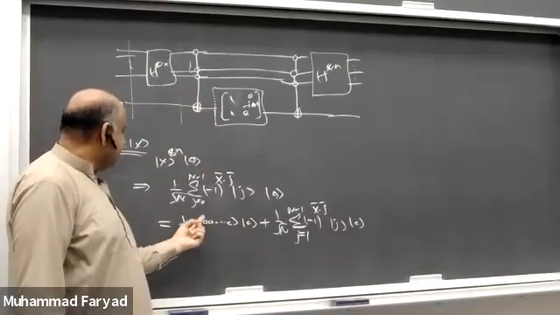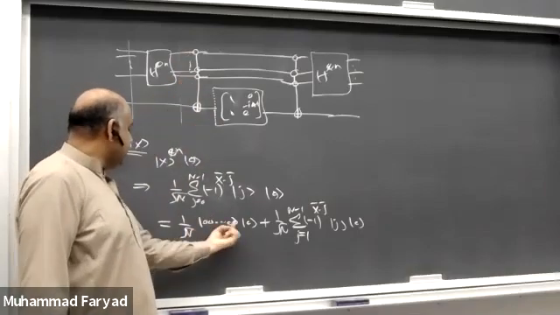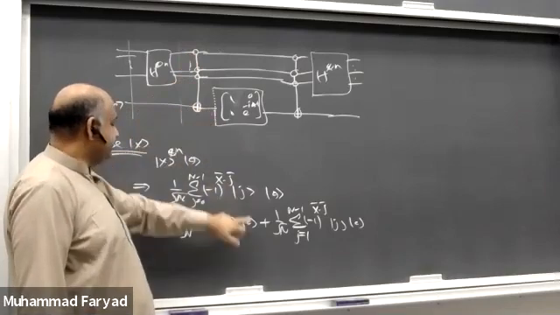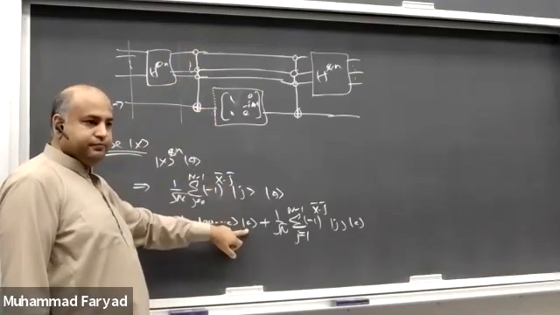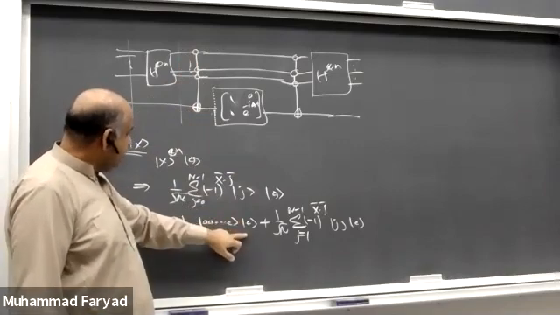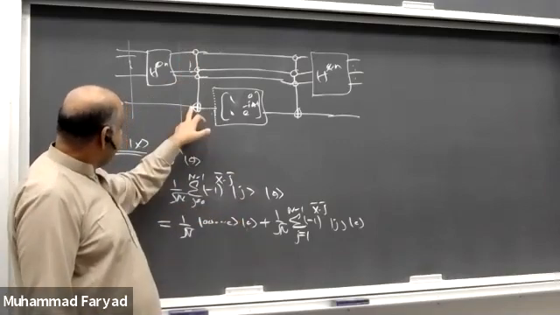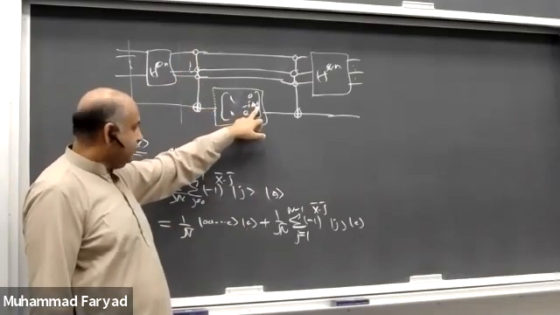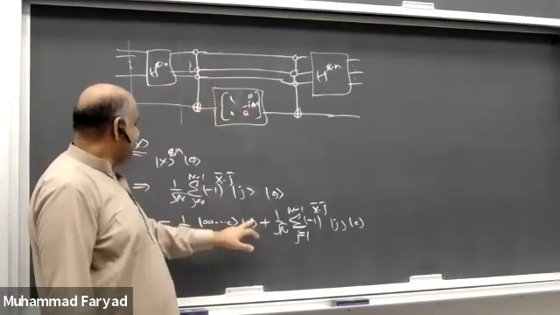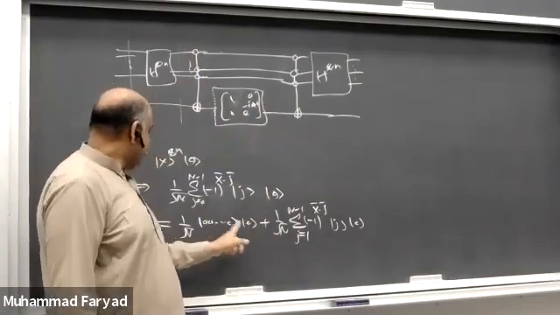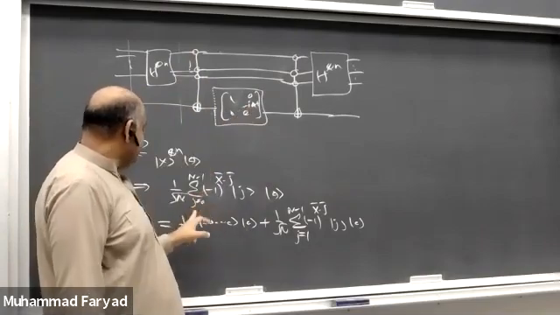I separated out the first term because what is coming after this is only impacting this term. When this state is in 0 state, this control is activated and this 0 goes to 1. And when this goes to 1, I get this phase factor exponential minus i delta t. So over here, this is 1, everything else the same, and there's exponential minus i delta t here.